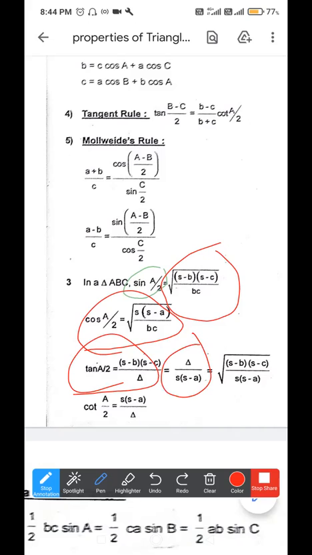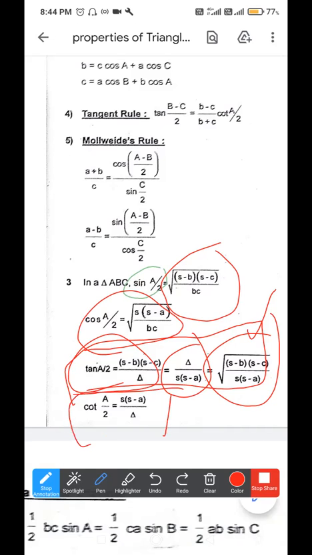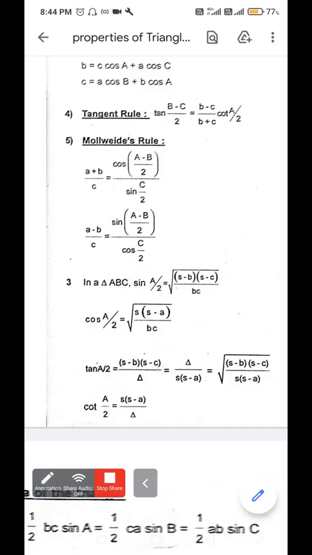Tan A by 2 is also equal to delta by s into (s minus a), which is also equal to root of (s minus b) into (s minus c) by s into (s minus a). These are the three formulas of tan. Then what is delta? The delta formula we'll see next. After that, cot A by 2 is equal to s into (s minus a) by delta.